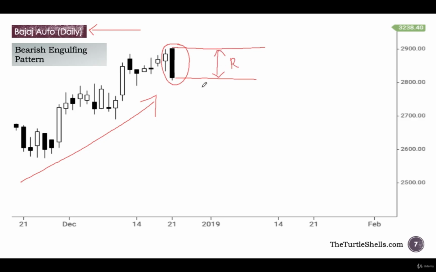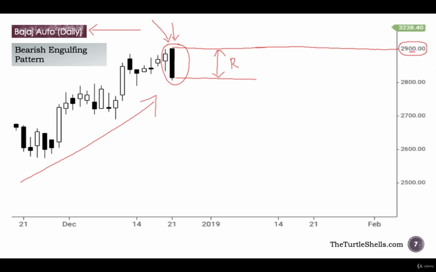But look at this bearish engulfing pattern, very strong. It's a small white real body and a tall black real body, where the bears are completely stamping their authority on the market here. And interestingly, it is coming at this 2,900 price level. 2,900 has 2 zeros at the end.